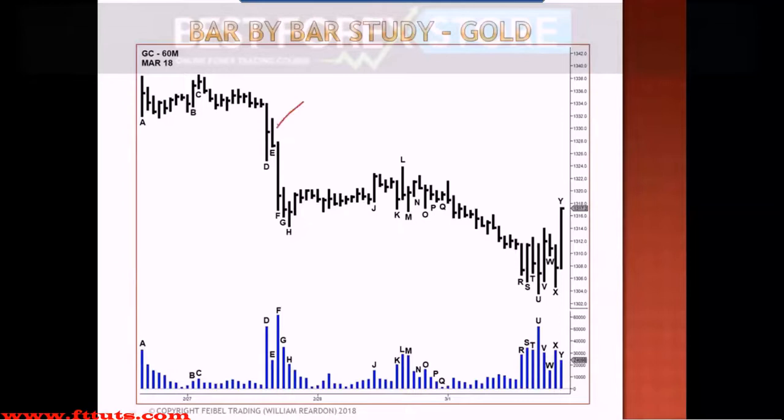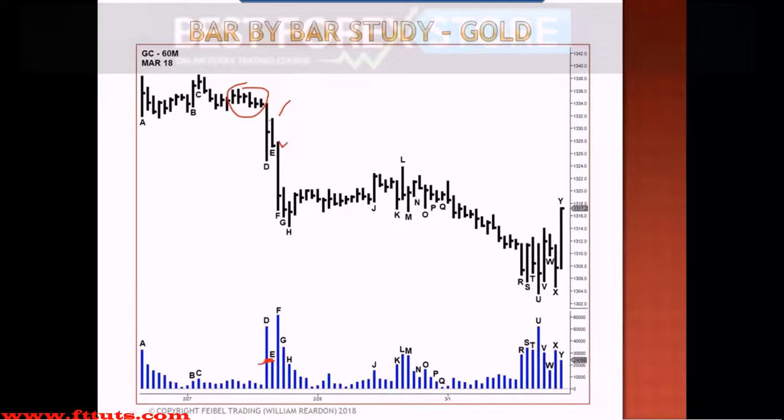And then bar E. Tricky little bar to the uninitiated. We wouldn't say it's a narrow spread, would we? But it's half the size of D, and it has lower volume than D, but closes weak.